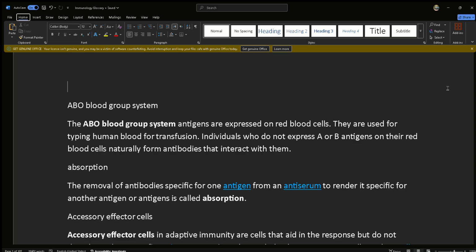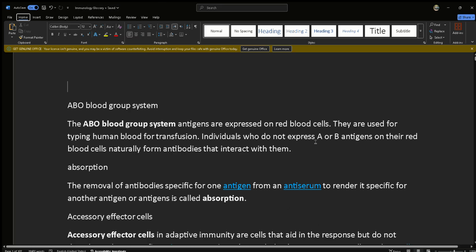People with antigen A have blood group A, people with antigen B have blood group B, people with both antigens A and B have blood group AB, and people that have no A and B antigens have blood group O. The blood group system antigens are expressed on red blood cells.